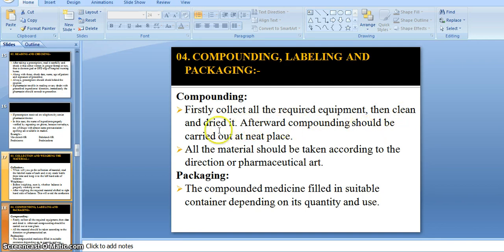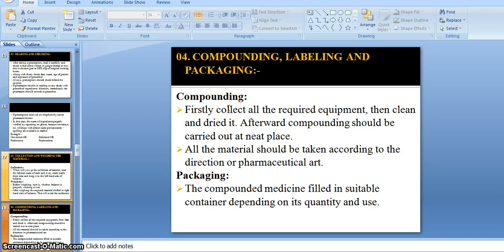Afterward, compounding should be carried out at a neat place. All the material should be taken according to the direction or pharmaceutical art.